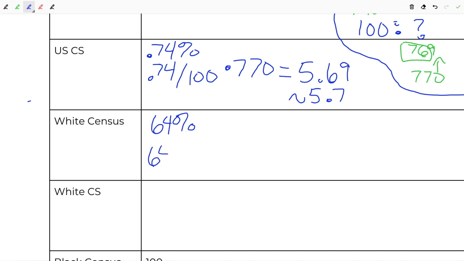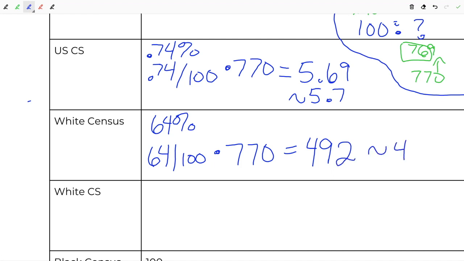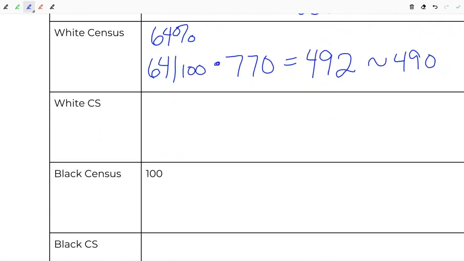So 64 per 100 times the 770 people on our lawn is 492, which turns into 490.